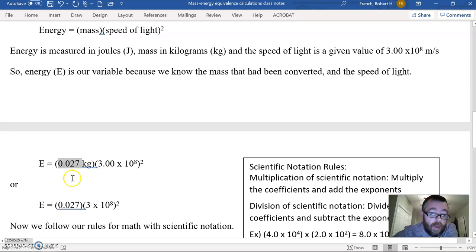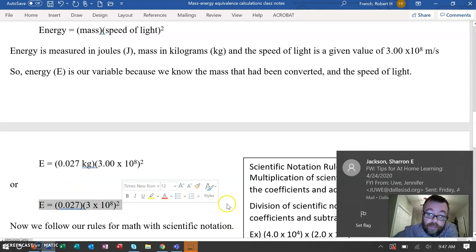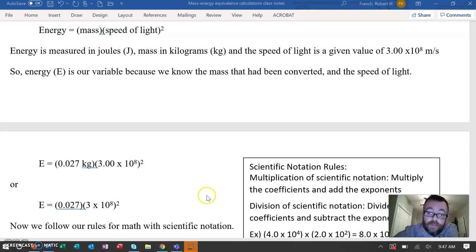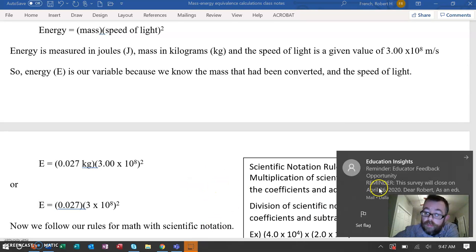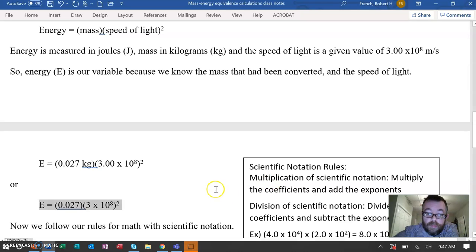So our formula ends up looking like this once we plug everything in. E equals 0.027, our missing mass, times the speed of light, 3 times 10 to the 8th, squared.